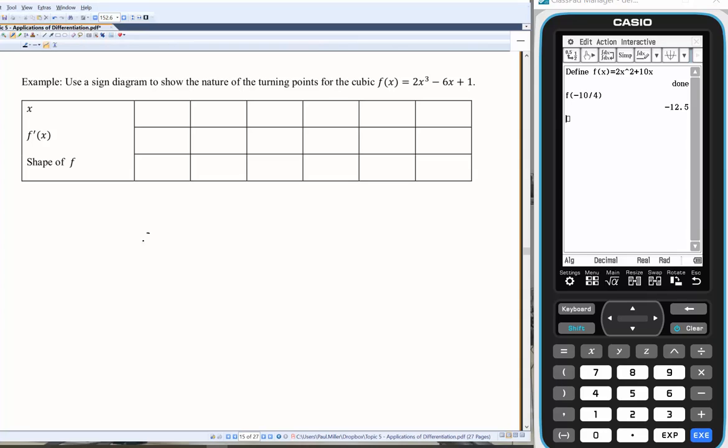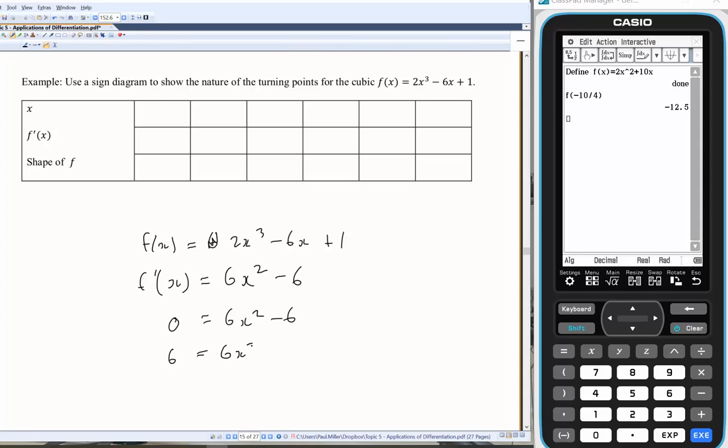Right, so let's note that f(x) equals 2x cubed, take 6x plus 1. f'(x) is equal to 6x squared, take 6. And we're going to go 0 equals 6x squared, take 6. 6 equals 6x squared. 1 equals x squared. x equals plus or minus 1.